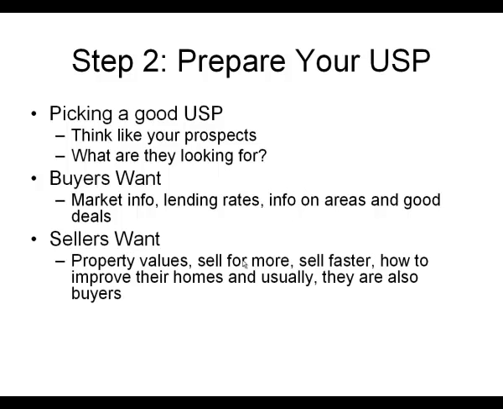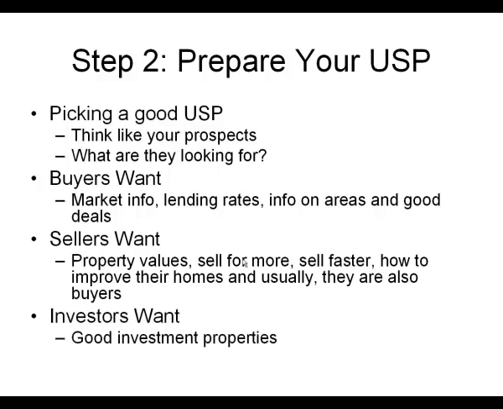Sellers look for property values, how to sell for more, how to sell faster, how to improve their homes, what kind of renovations they can do to increase value, and usually they'll also be buyers. So if you have buyer unique selling propositions, then you may even catch a few sellers that are looking for new houses. And investors want good investment properties.